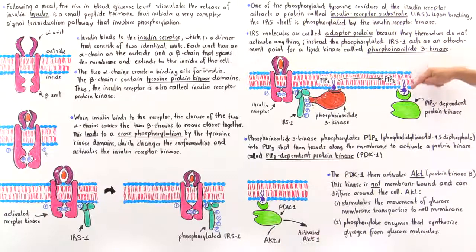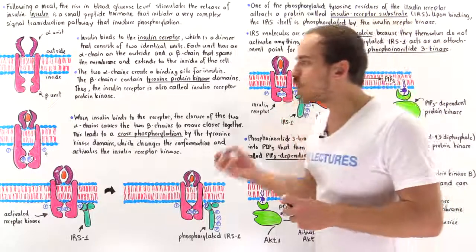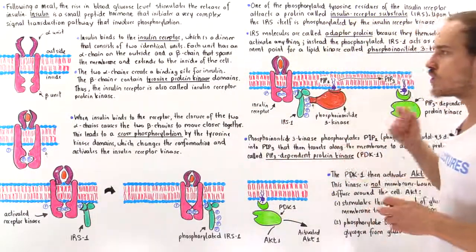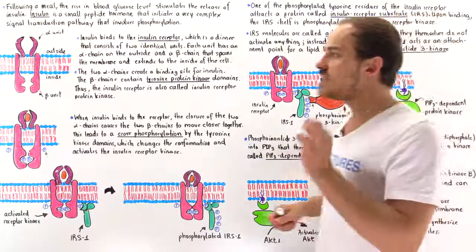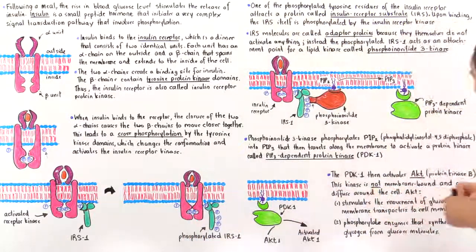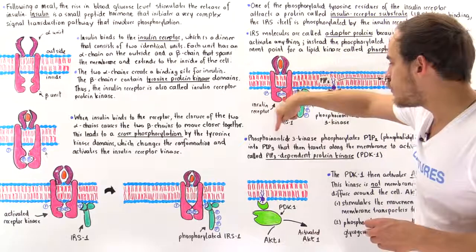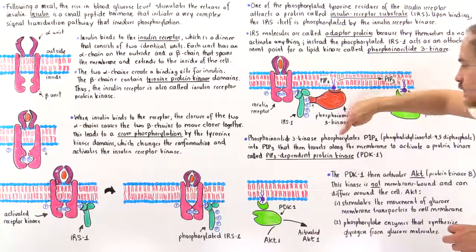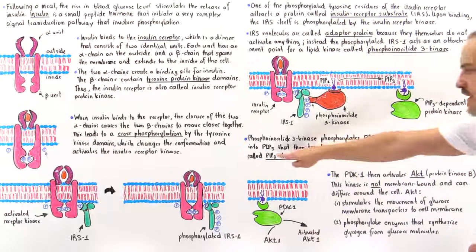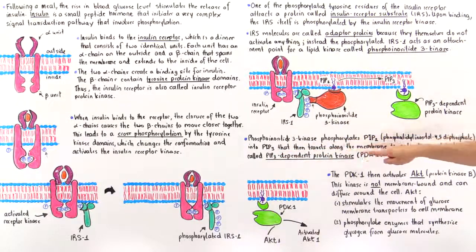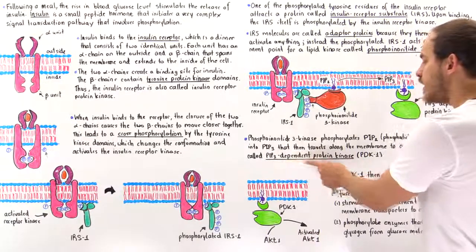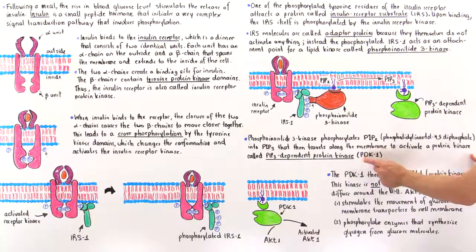Once it binds onto this protein kinase, shown in green, it is able to activate an important effector molecule, an important protein kinase known as protein kinase B, also known as AKT. So we see that phosphoinositide 3 kinase phosphorylates the PIP2 into PIP3, which then travels along the membrane to activate a protein kinase we call PIP3 dependent protein kinase, or simply PDK1.